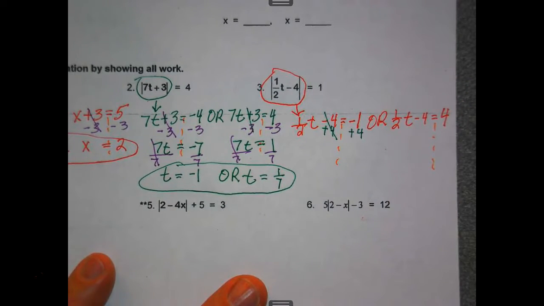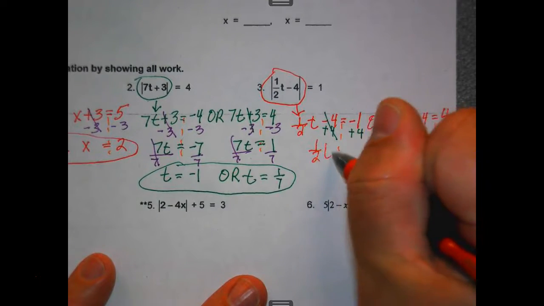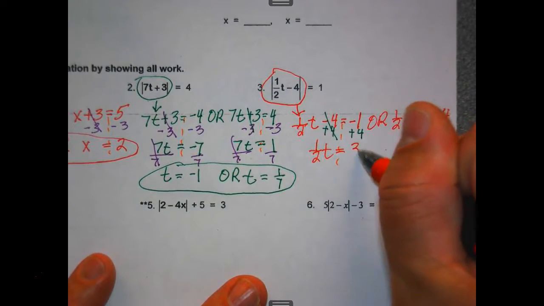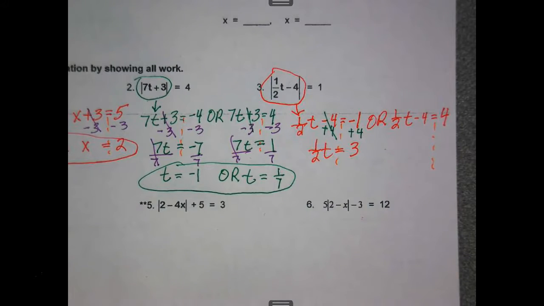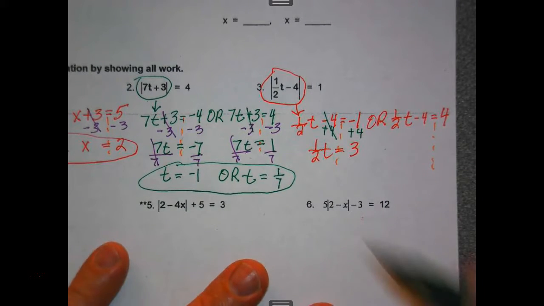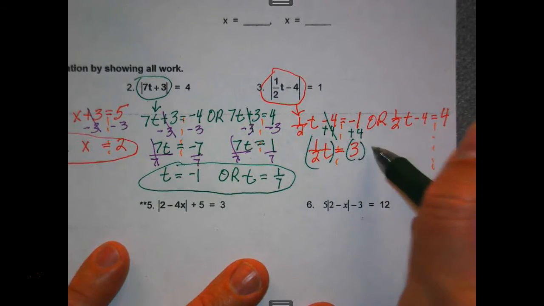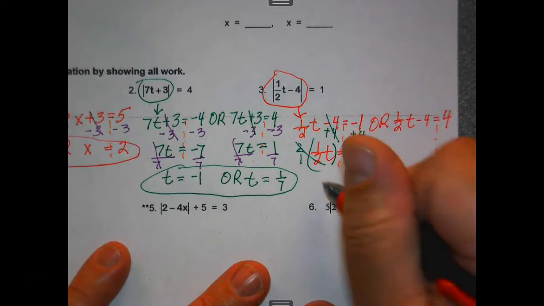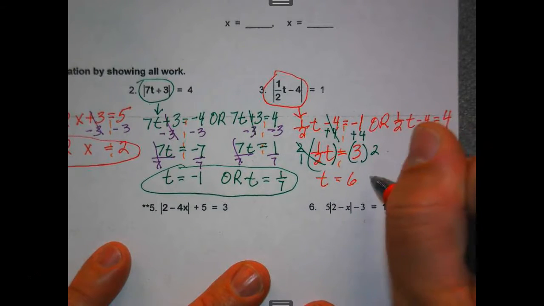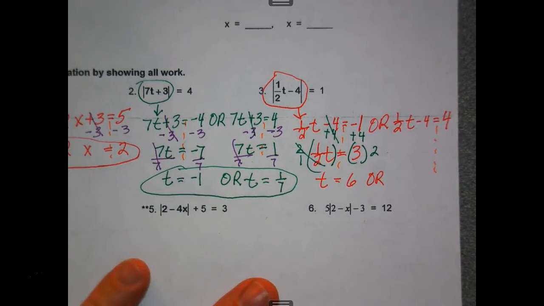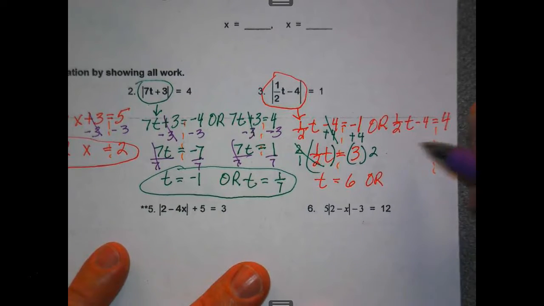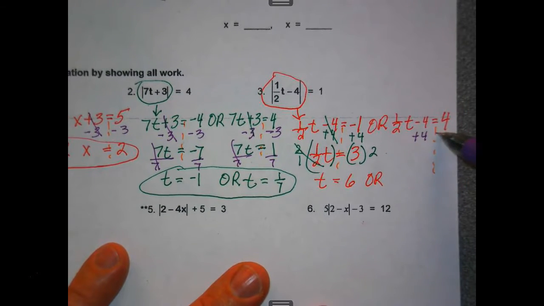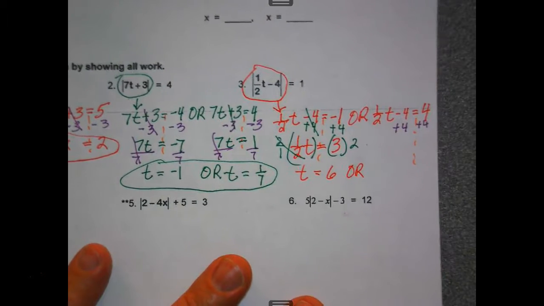I get 1/2 t equals 3. Multiply by 2, and I get t equals 6, or solve the other one, add 4 to get 8.